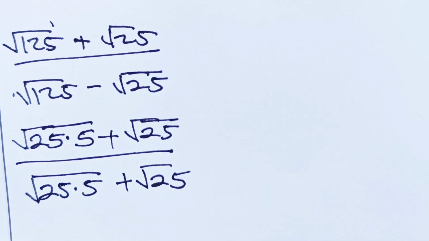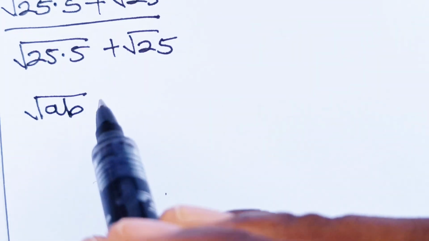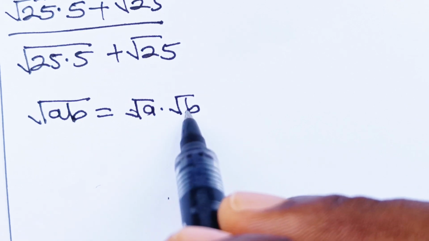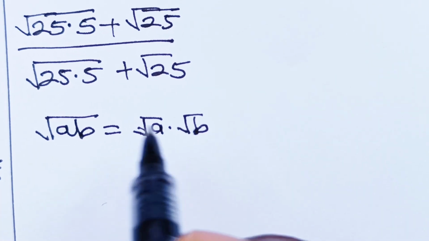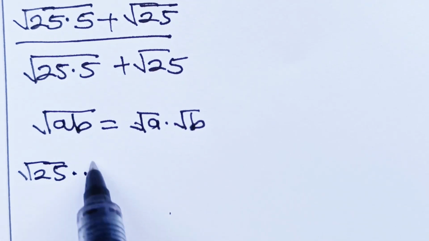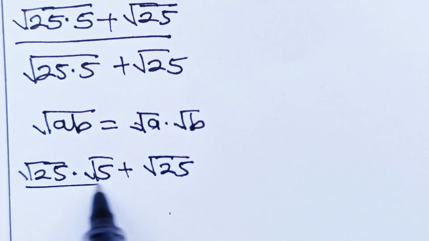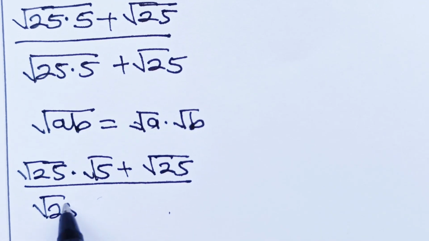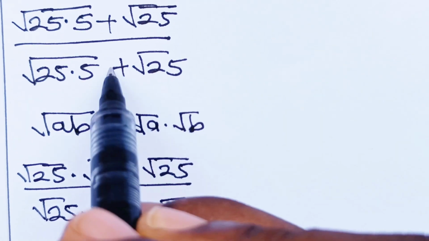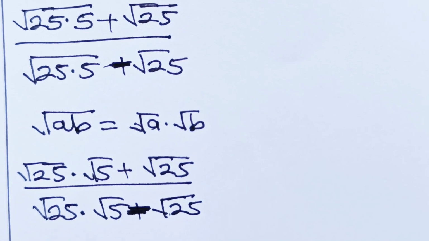Now in surds, when you have square root of A times B, this is equivalent to square root of A multiplied by square root of B. Therefore, we can express this as square root of 25 multiplied by square root of 5 plus square root of 25 divided by square root of 25 multiplied by square root of 5 minus, sorry, this one is minus, right? Minus square root of 25.